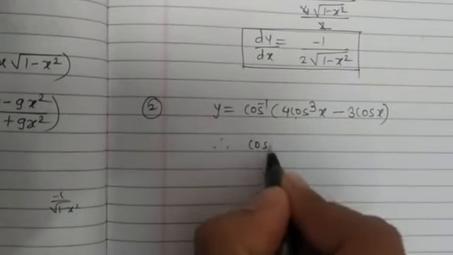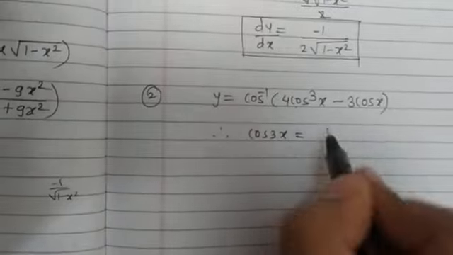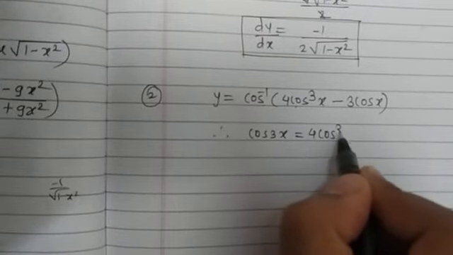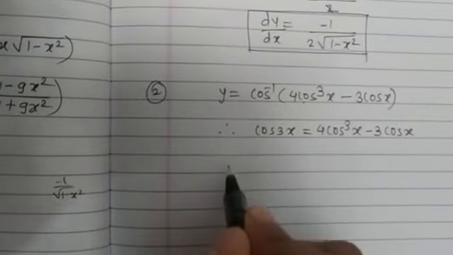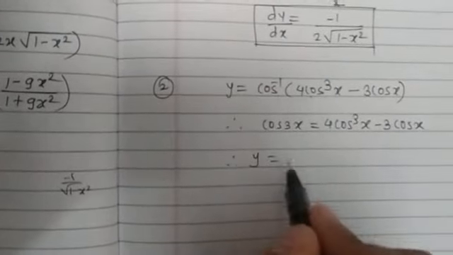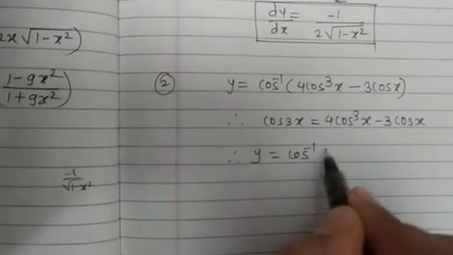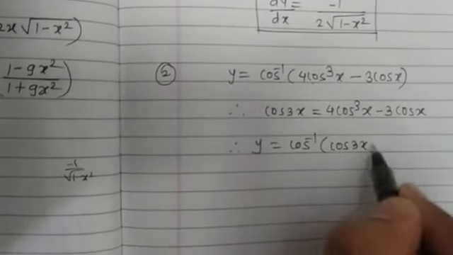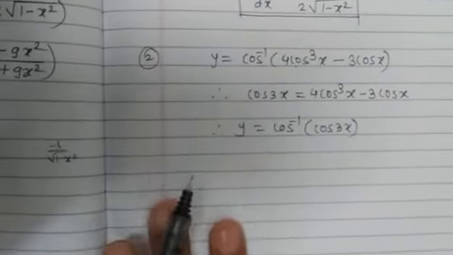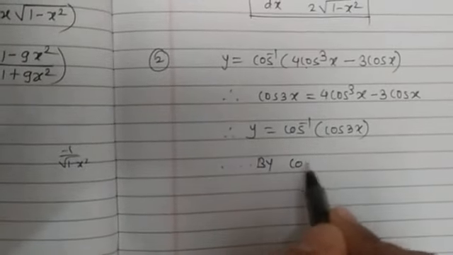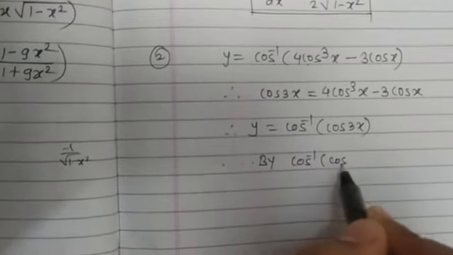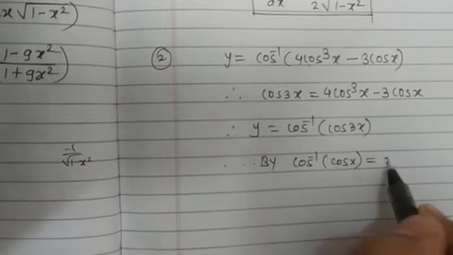So if I apply the formula for cos 3x here, that formula is 4 cos cube x minus 3 cos x, then our original example becomes y is equal to cos inverse of cos 3x, right? Then by using which formula? Cos inverse of cos x is equal to x.